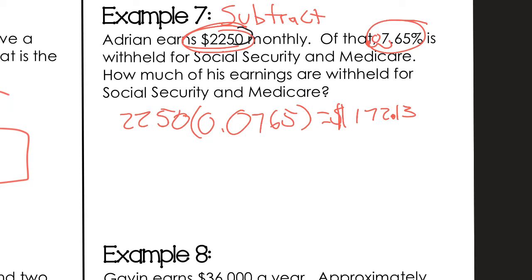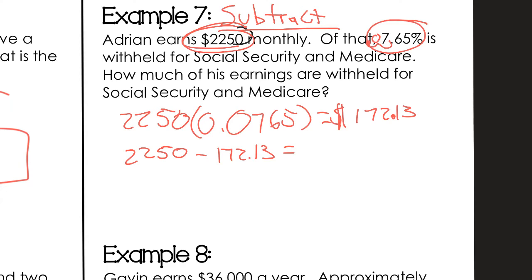Okay, but let's figure out what his net take-home pay is. So how much after they take out that amount is he left with? And the way we do that, again, is subtract. So 2,250 minus 172.13 equals.